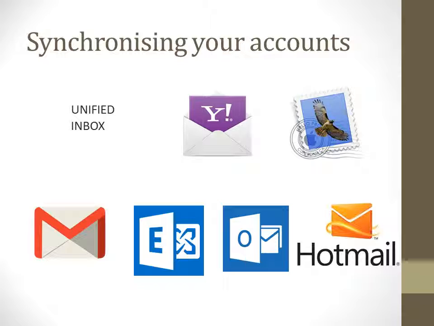Having them all in the one place where you can easily skim through and flag them or archive them in different places is very, very useful, and it saves having to dip in and out of different applications just to check email accounts. Not all email systems are built the same, so there are some rough edges to this system. It doesn't do everything that you would expect 100%, but it is very close.